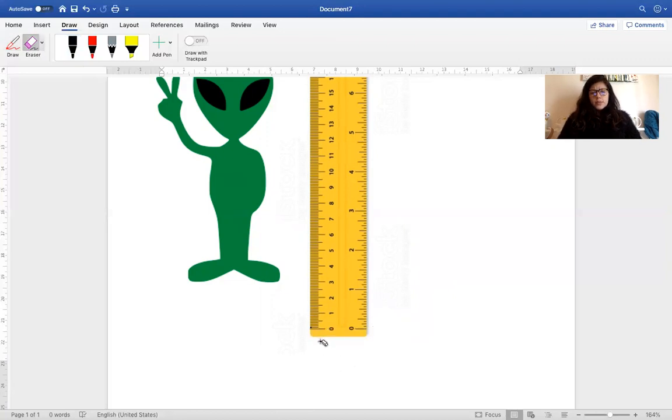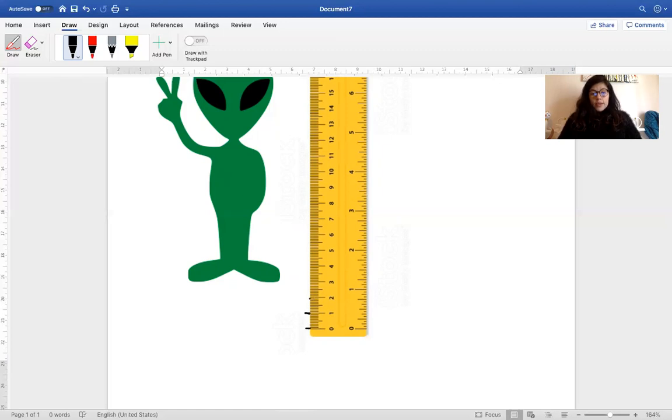Let's erase that. Good. Okay, so the 0 line starts here, which means that is the true measure of a centimeter. If you look at the space between this 0 line and the 1, that is 1 centimeter.